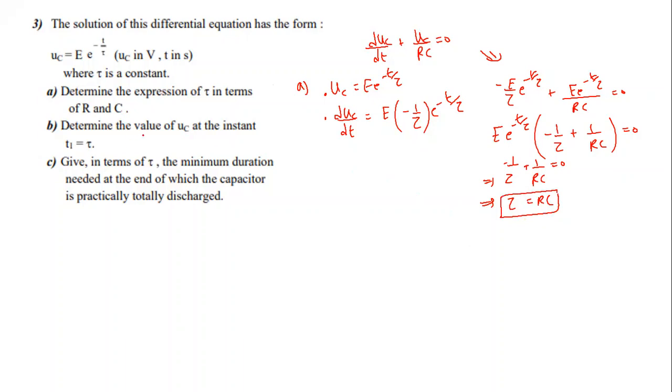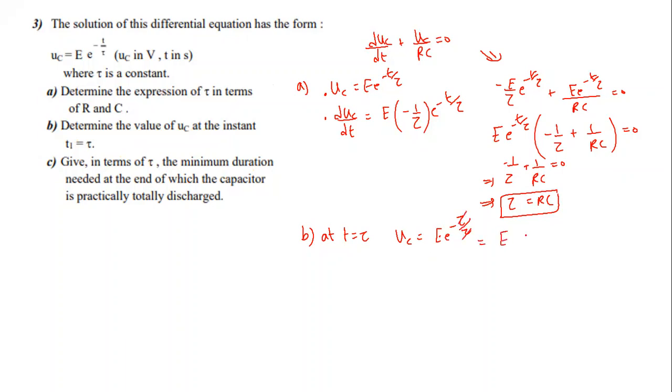Part B, determine the value of UC at the instant T1 equal to tau. In order to determine the value of UC at T1, at T equal to tau we substitute: UC equals E e to the power minus tau over tau.